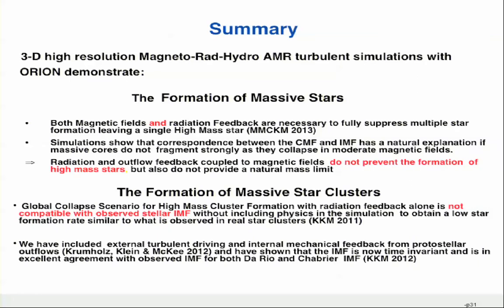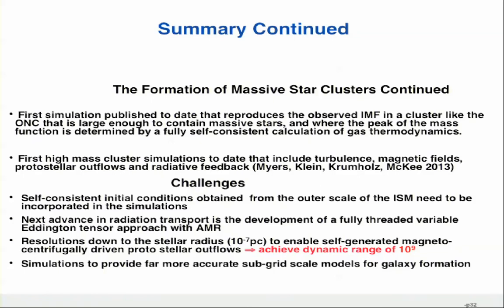For the formation of massive clusters, we've shown that the standard global scenario is incompatible with an observed IMF, but if you have the appropriate physics in, and the turbulent driving and internal mechanical feedback from protostellar outflows, you can then show that you get an IMF that for the first time is shown to be invariant and in excellent agreement with the observed IMF.